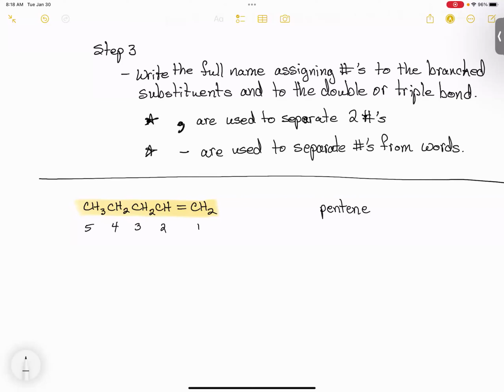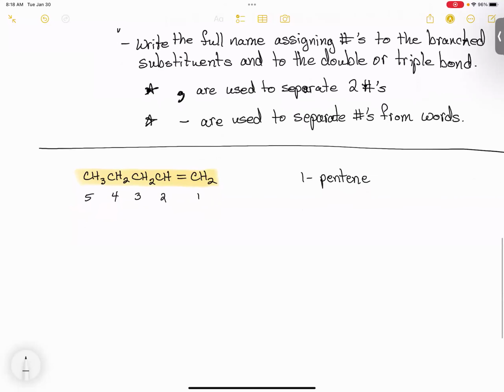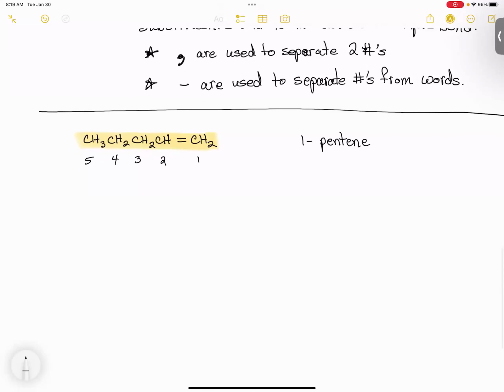So we would start counting from the right-hand side and move left. So this is 1-pentene. Let's look at another example.